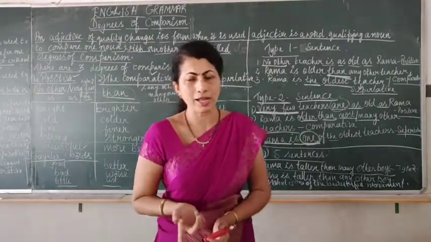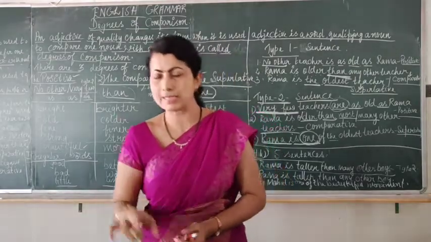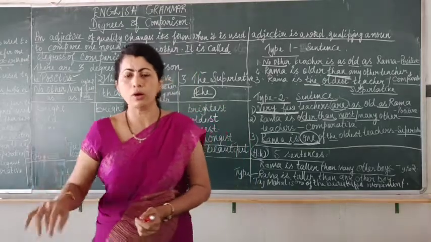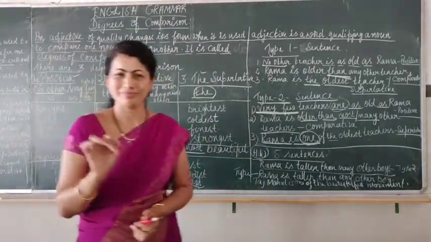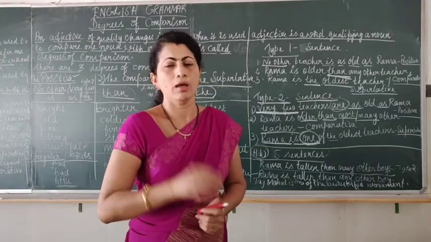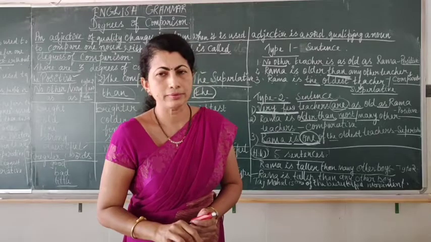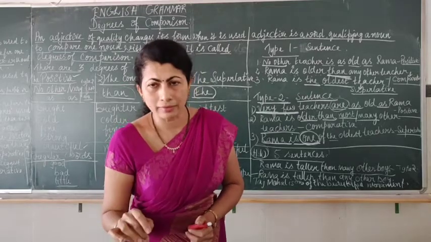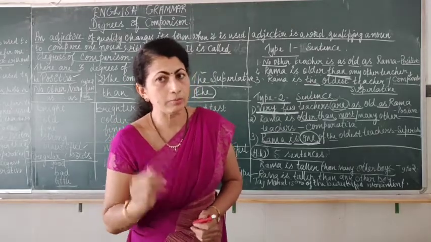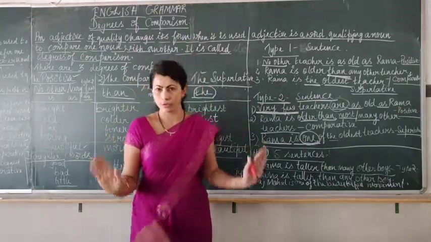Superlative. So how are we going to change it to the positive? Very few mountain peaks are as tall as Mount Everest. Got it? Comparative degree: Mount Everest is taller than, what is the word, any or many? Many other peaks in the world. I hope you got that.